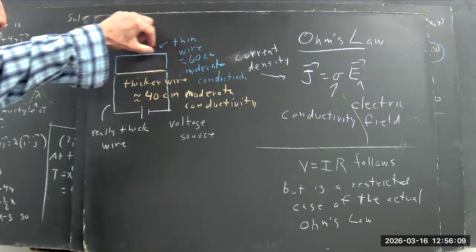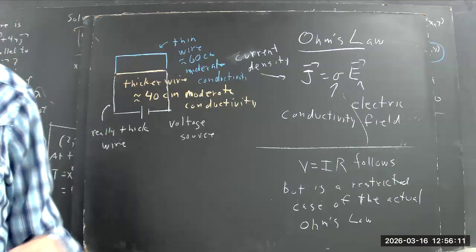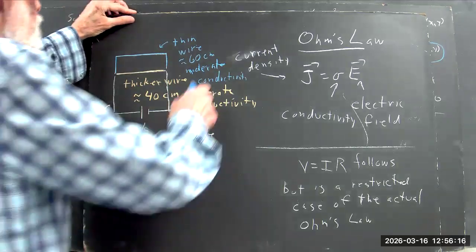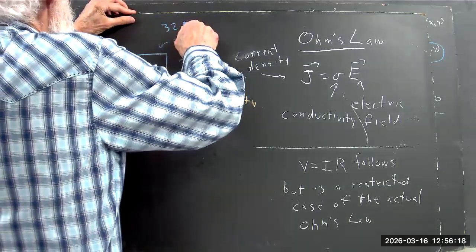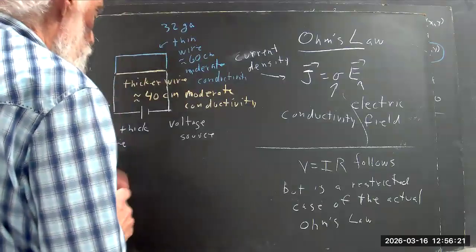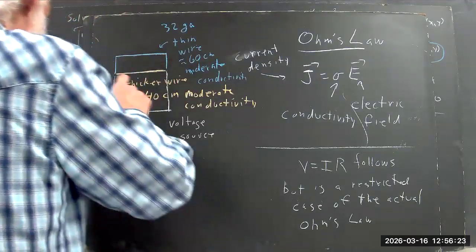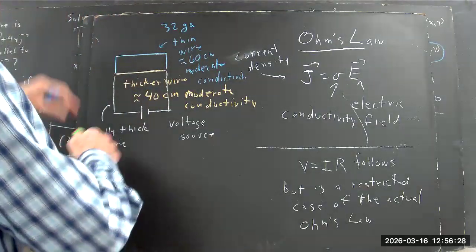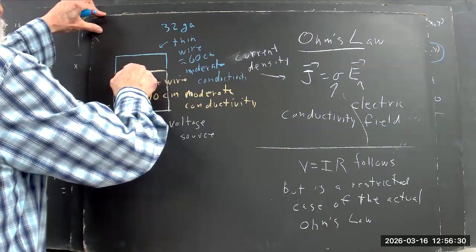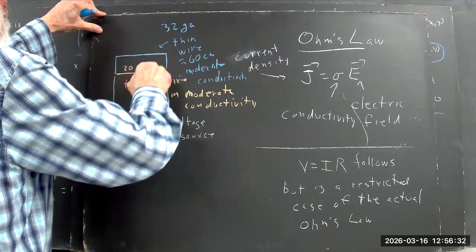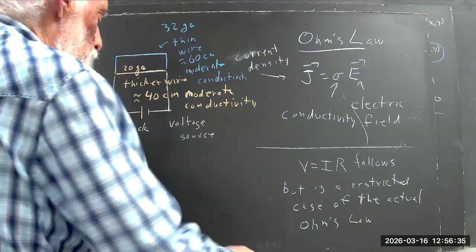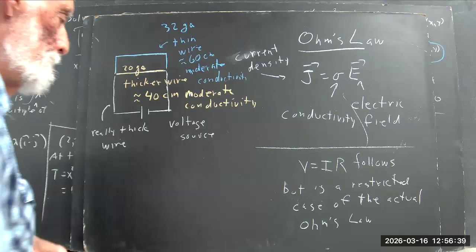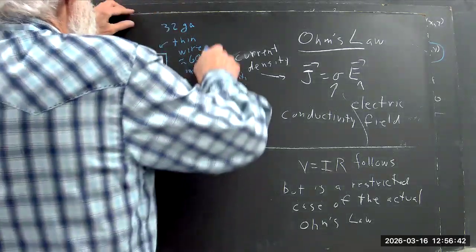In other words, we essentially have 2 wires here. 32 gauge. And this wire is 20 gauge, moderate conductivity, they're nichrome.